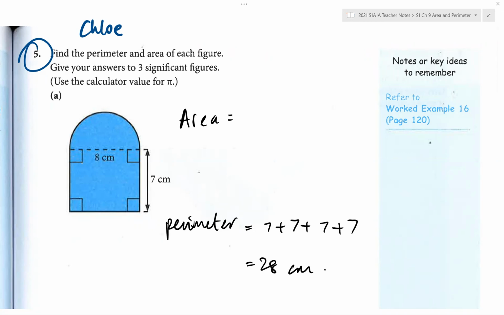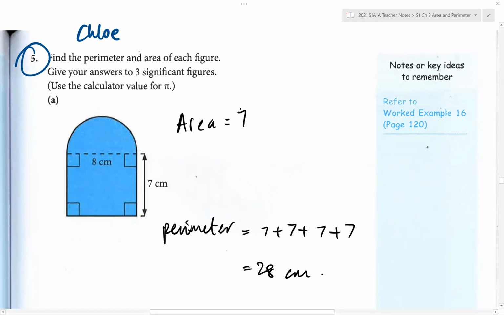Formula for area of a rectangle. Somebody said the answer already. Length times breadth. What is the length? What is the breadth? Times 8. Okay, this is for rectangle only.